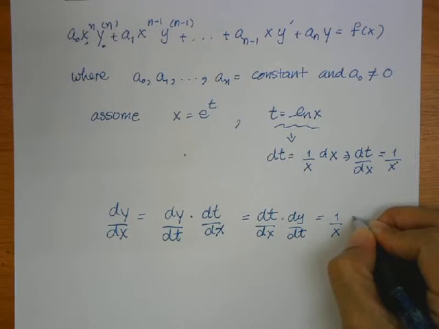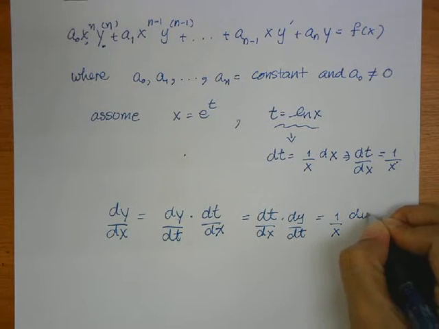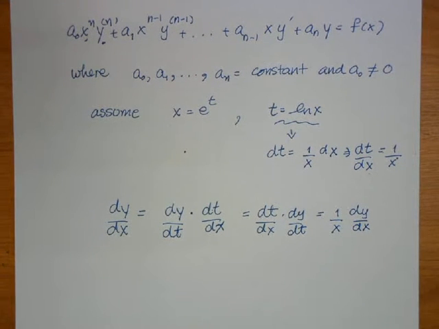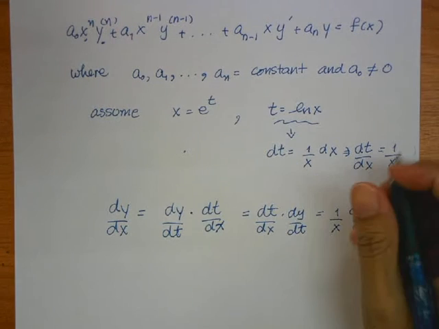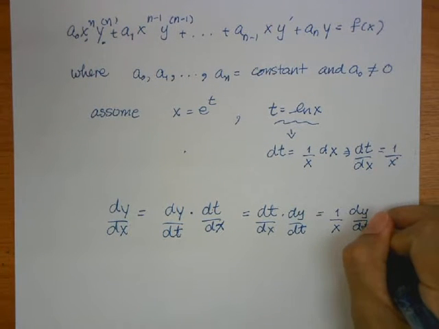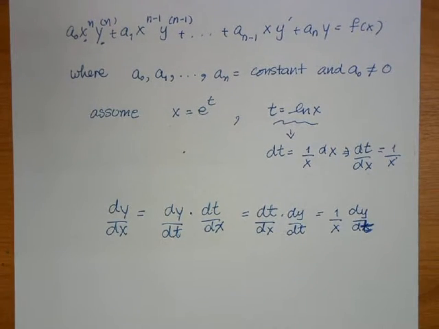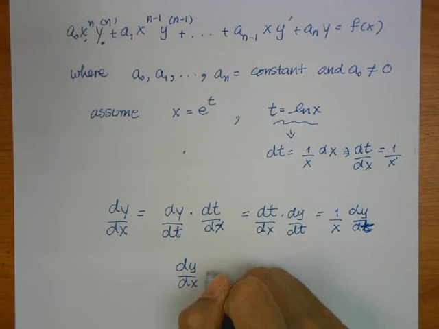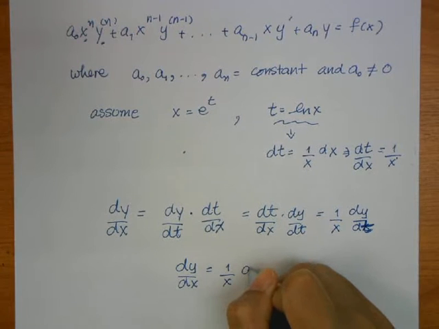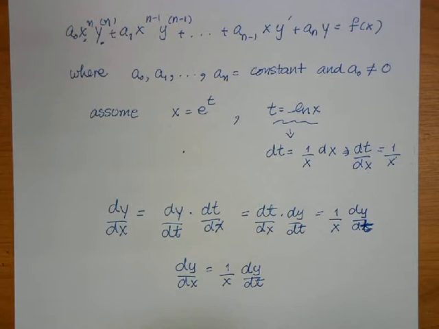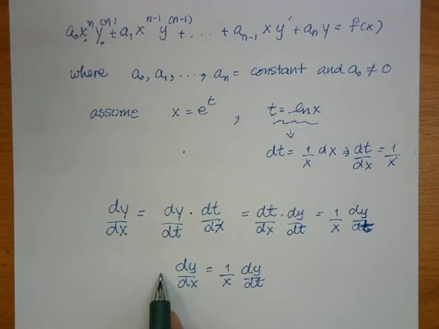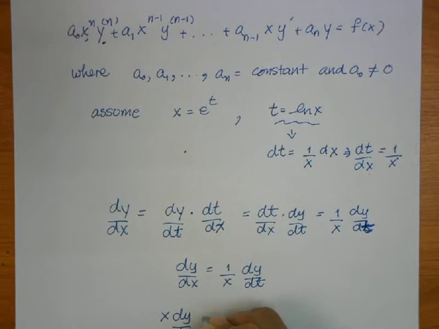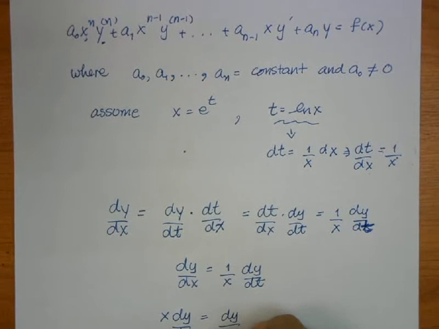So you would get 1 over x times dy by dt, I'm sorry. So that means our dy by dx is equal to 1 over x dy by dt. So I have x down here, put it up there. I would get x dy by dx is equal to dy by dt.